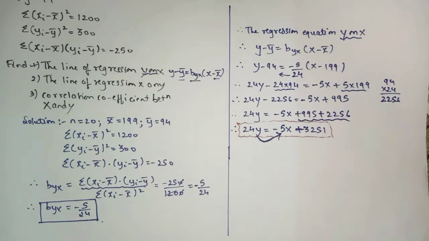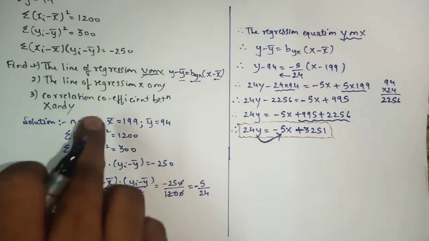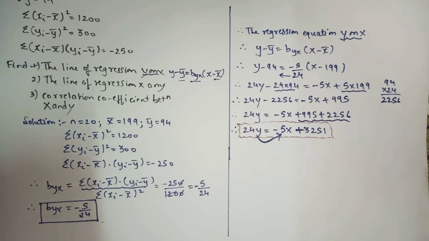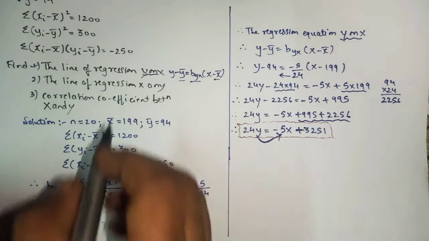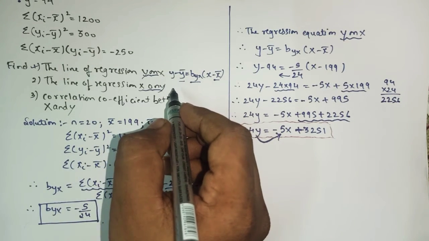So in the second part, what exactly do we have to find? The regression equation x on y. So what is the x on y formula?